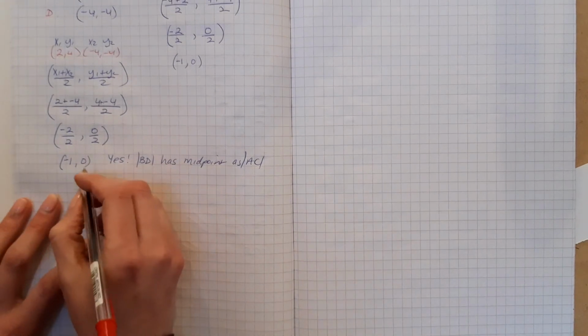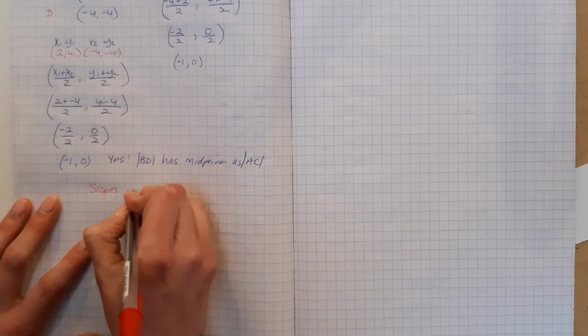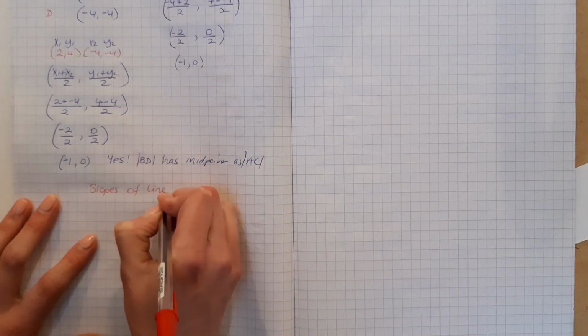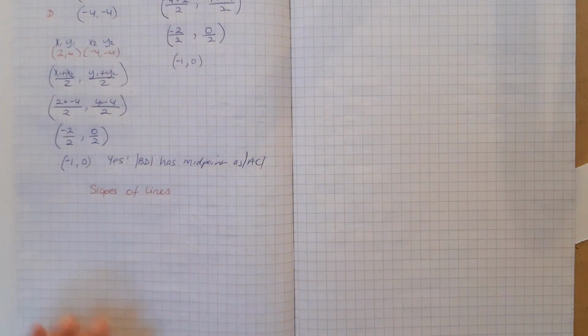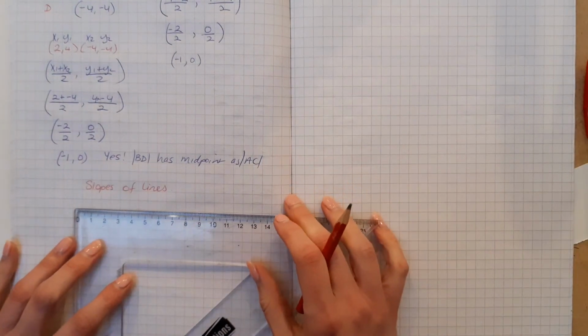So, the title for this is slopes. Slopes of lines. What I would like you to draw, and you're going to get your pencil for this, is we're going to measure out 8 boxes.